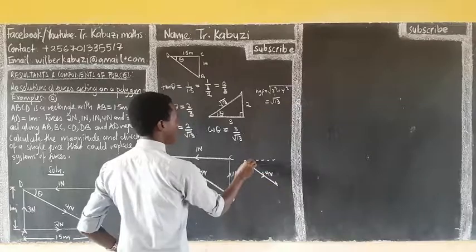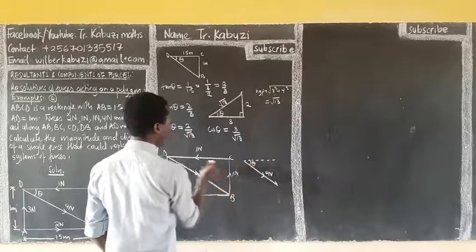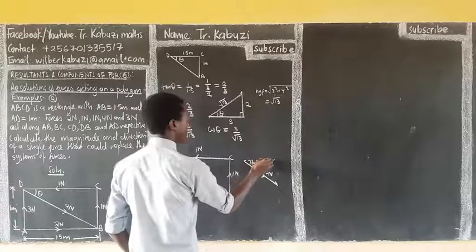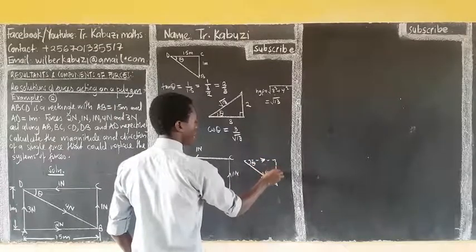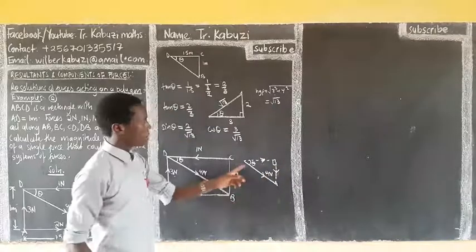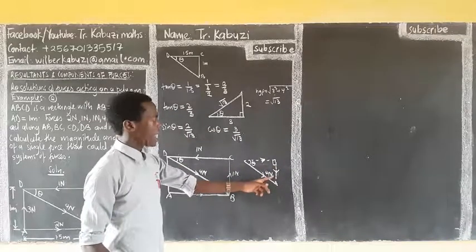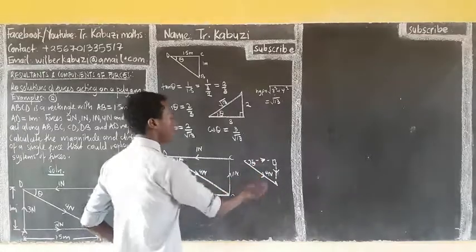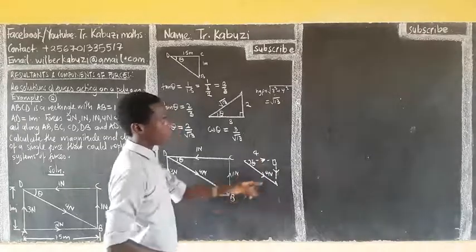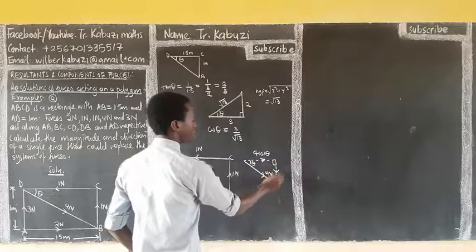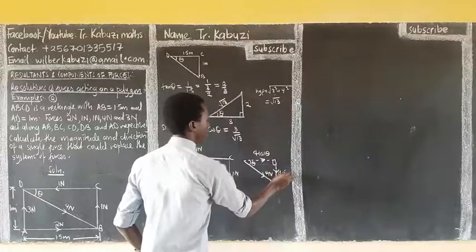To resolve it, remember I have my theta here. I will go like this, then I'll come like this. So this one is going to be adjacent. So we shall get 4, the force, then cos theta. Then this is opposite, we shall get 4 sine theta.